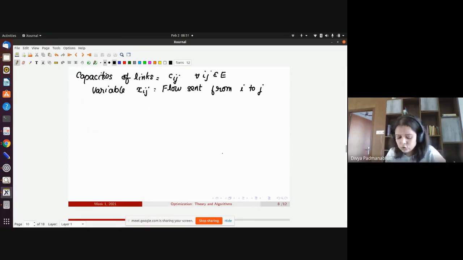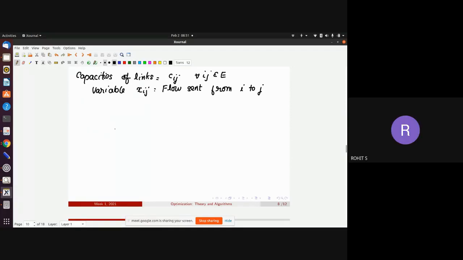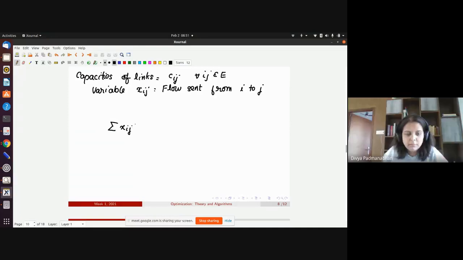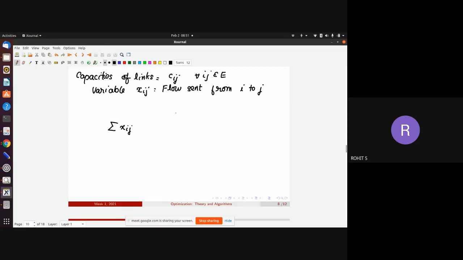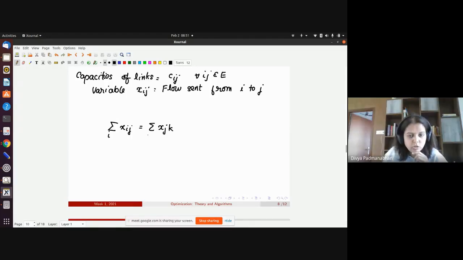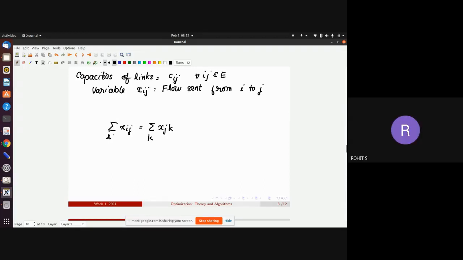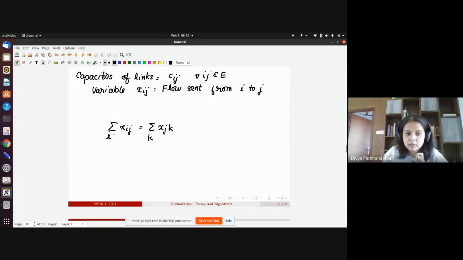Yeah, so I want some of you to try. Summation xij, that is all the flow into j, is equal to summation over k of xjk. So this is summation over i, and what is this i? i is basically all the nodes that are connected to the node j, such that ij is in E, and this is all the nodes k such that jk is in E. This is true for every j.